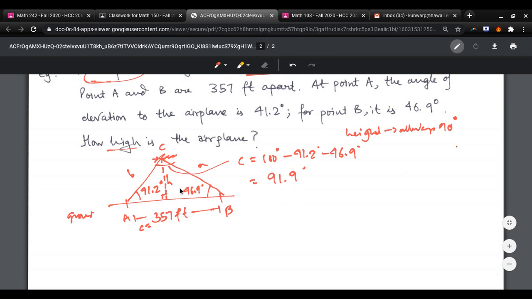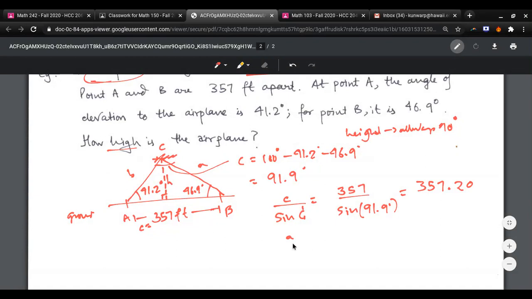Okay, now we can solve this just like we solved the previous problem, which is we have C over sine C, that's 357 over sine of 91.9, which you can use your calculator to find out. It comes out to 357 divided by sine 91.9. This is almost the same, it's 357.20.